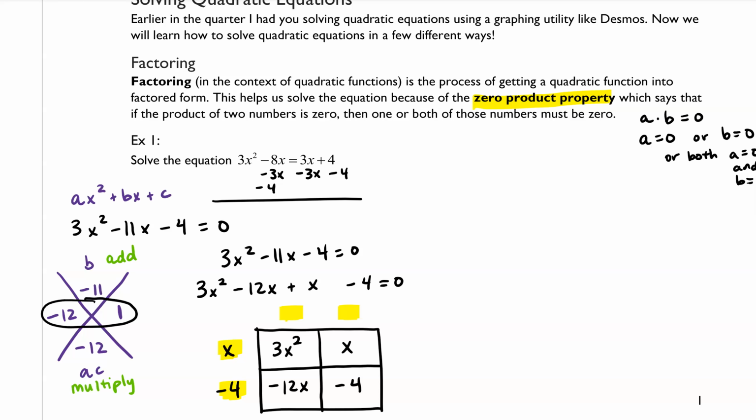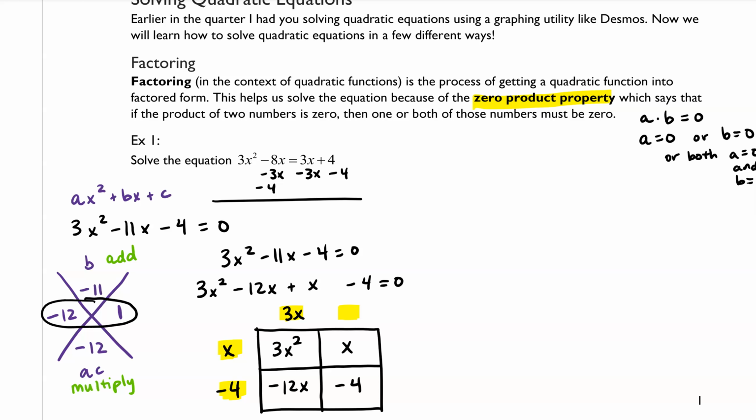Now in this next position, we're going to look in the first column, and we have 3x squared and negative 12x, and the thing that we would be able to factor out of that is they have 3x in common. And then lastly, we would look in the second column, and we would look at x and negative 4 and see what those have in common.